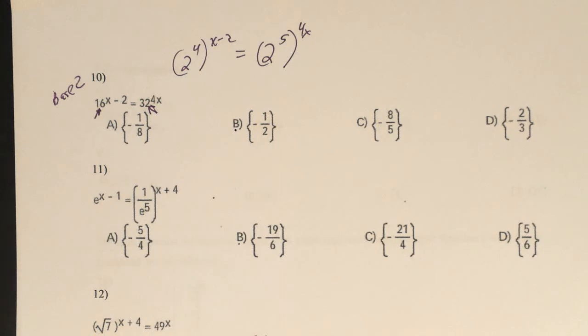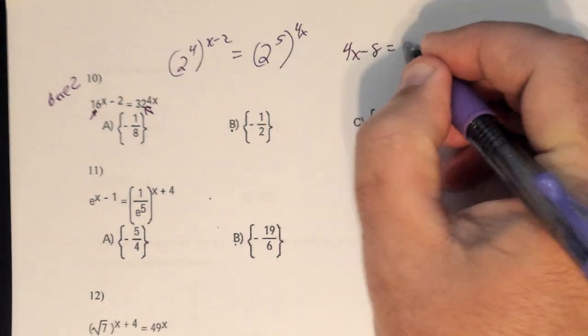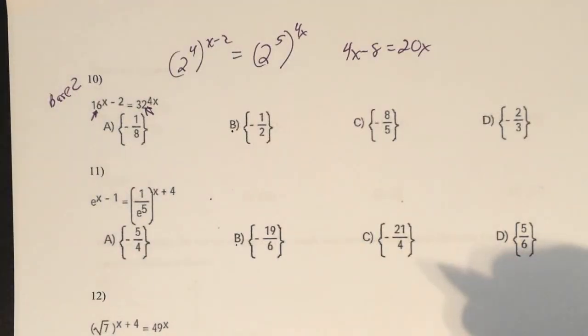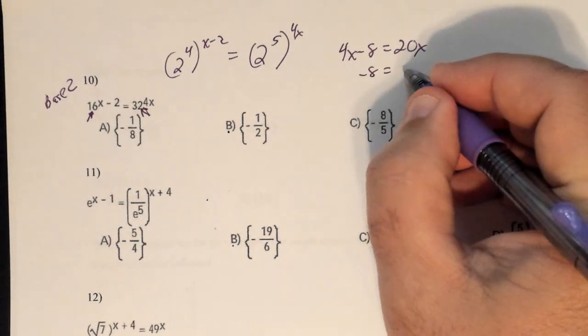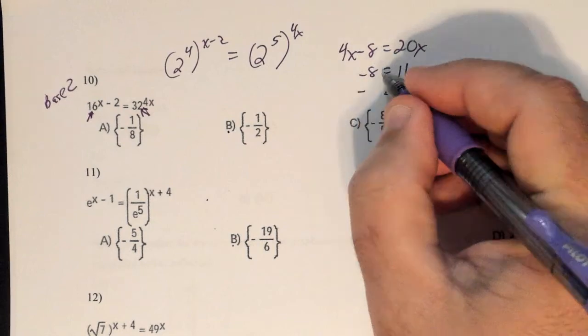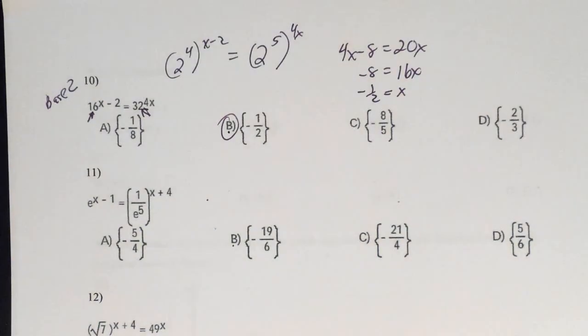So if you're getting the hang of this, you know the same bases, and all I have to do is set my exponents equal to each other. So that would be 4x minus 8 is equal to 20x. And just solve. So this is negative 8 is equal to 16x. So x is going to be negative 8 over 16, or negative 1/2.